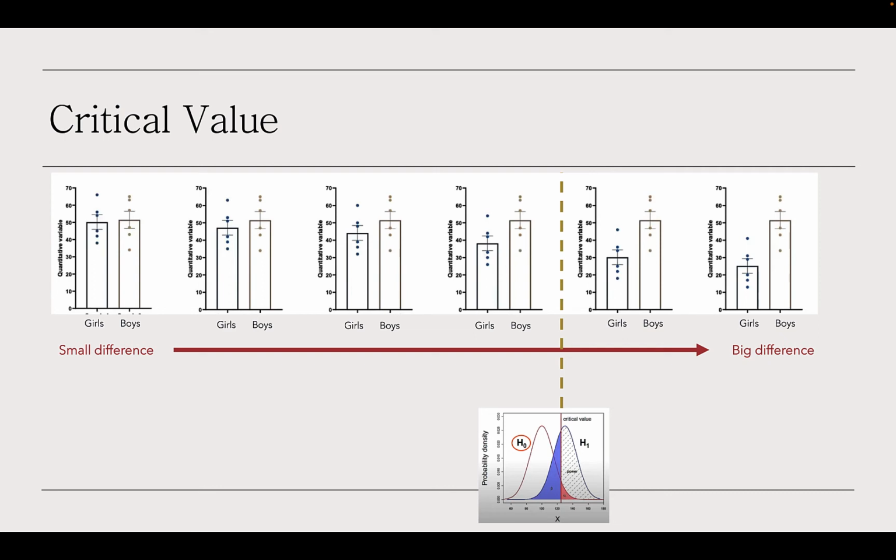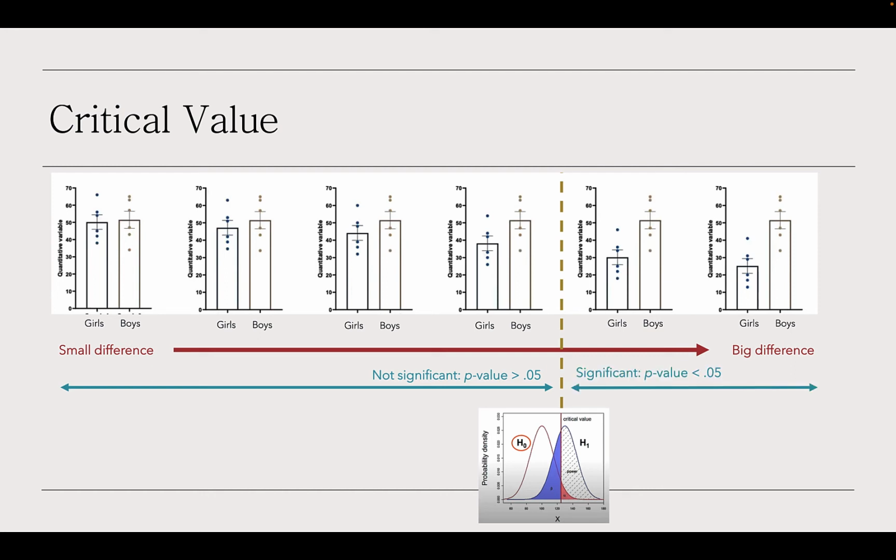All right, and so you can see on the graph at the bottom this line that goes through the 2 graphs that says critical value. All right, so what is critical value? Critical value, and I have continued to draw it up here with this kind of gold dashed line. The critical value signifies where the p-value changes from not significant to significant.